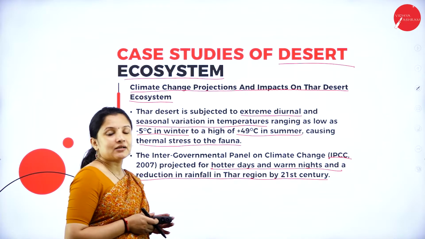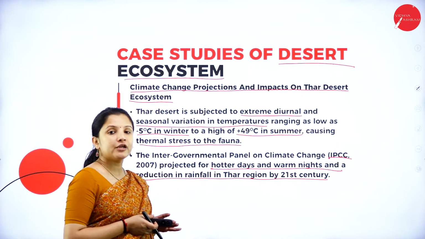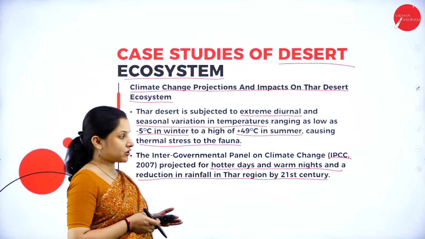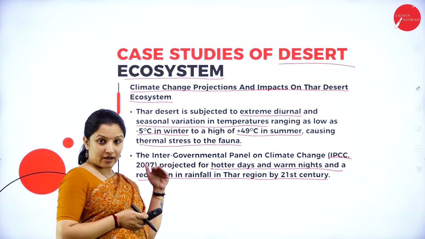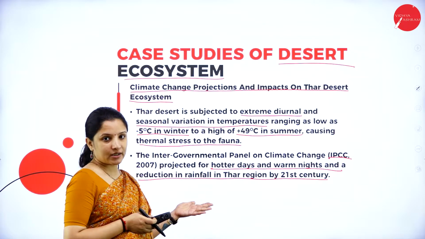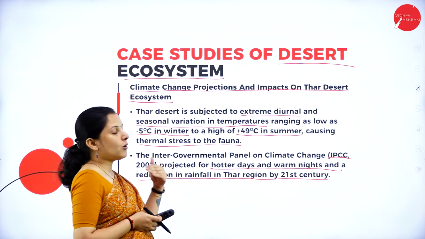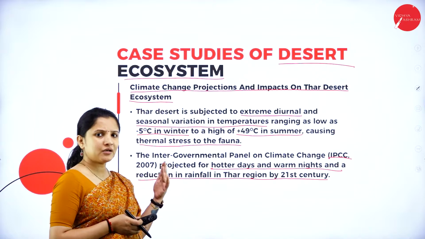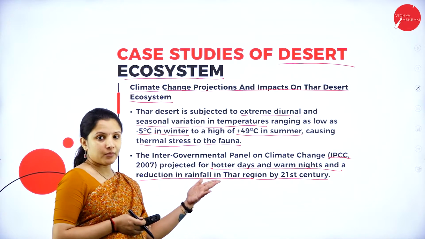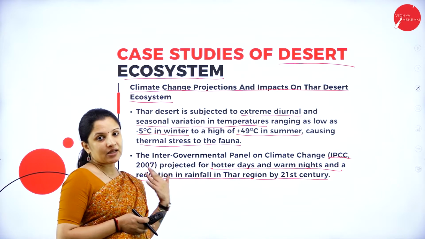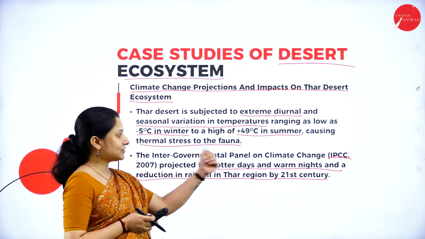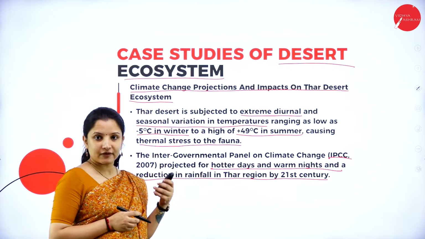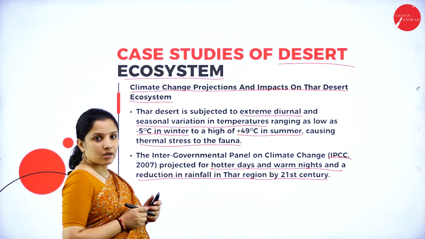They said the climate in the Thar desert is going to change by the 21st century, with even hotter days and also warm nights. Actually, nights are usually cold in the Thar desert, but here the nights can be warmer because the days will be getting even hotter by the 21st century. That is what they predicted.